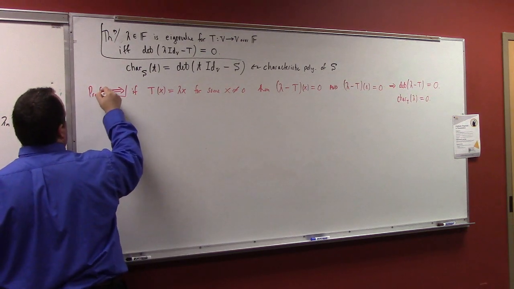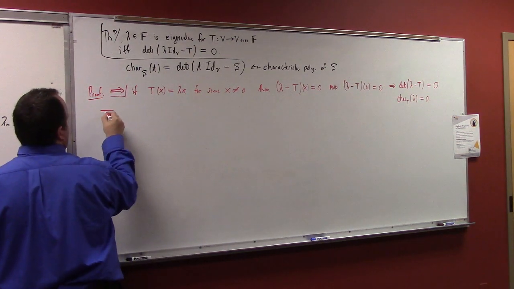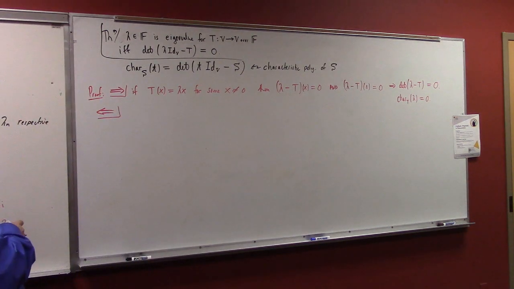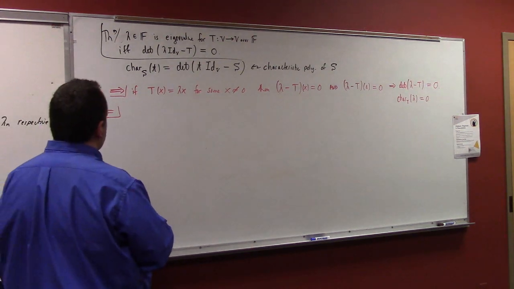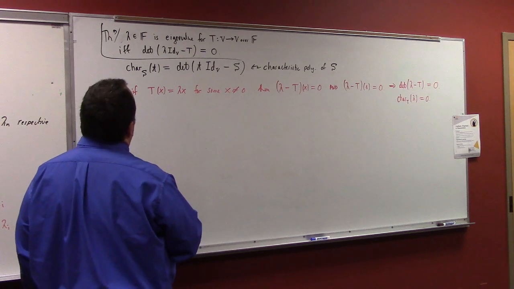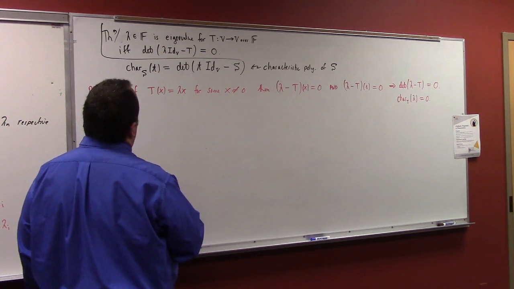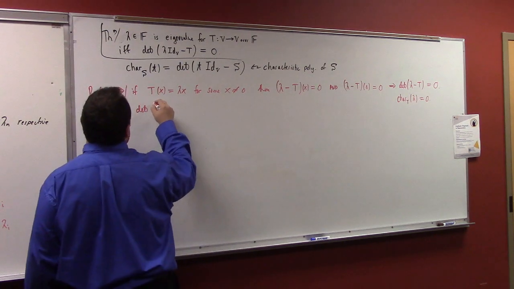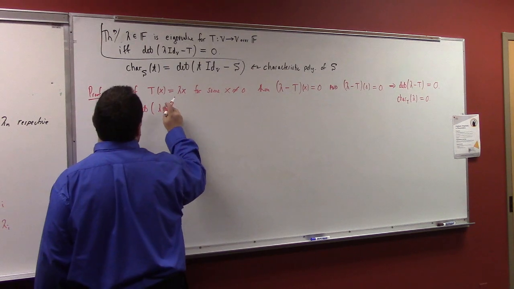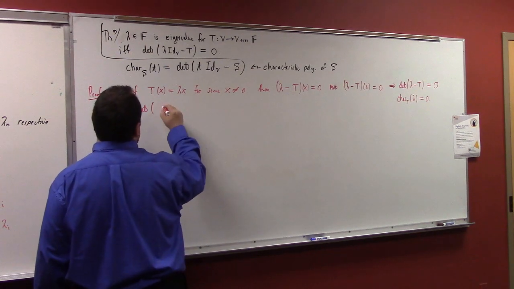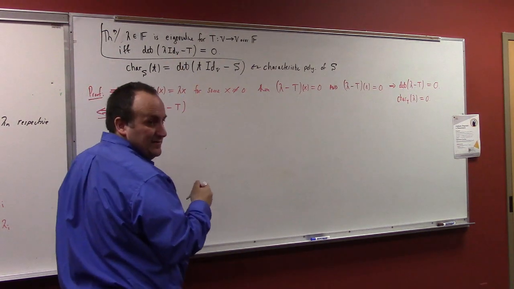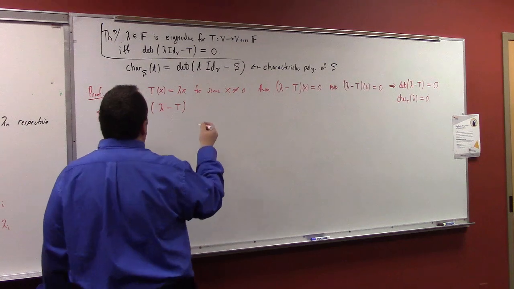I'm not sure I've stated it clearly the other way. So the other way, suppose that the determinant of lambda minus T, because I'm getting tired of writing the identity map there, is 0.